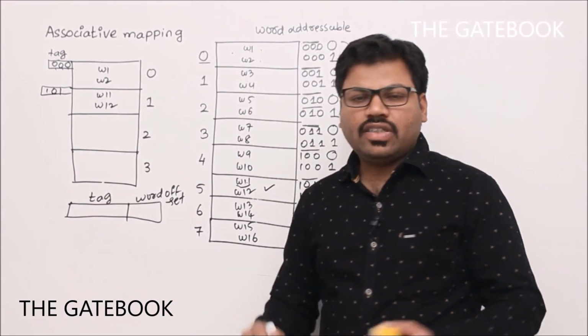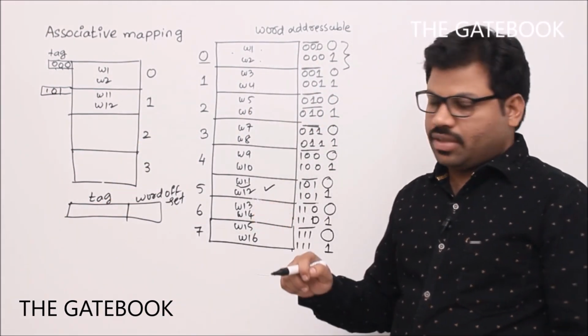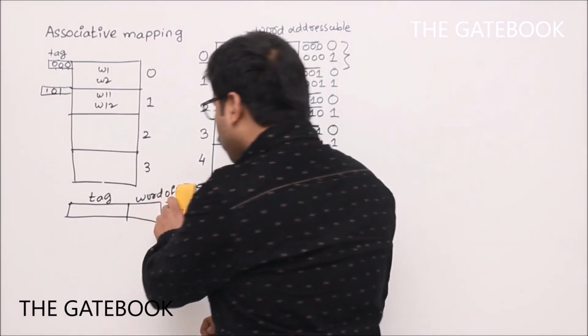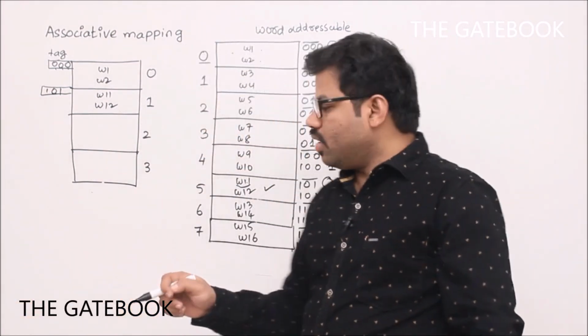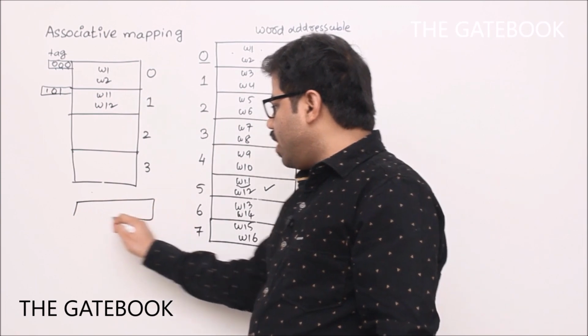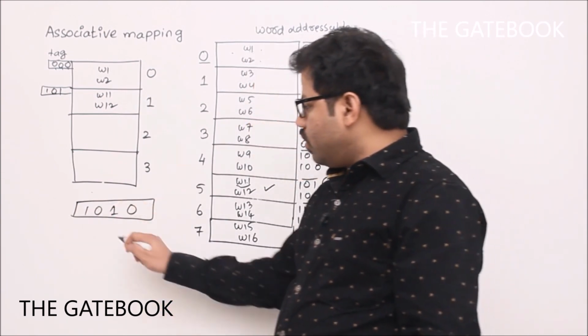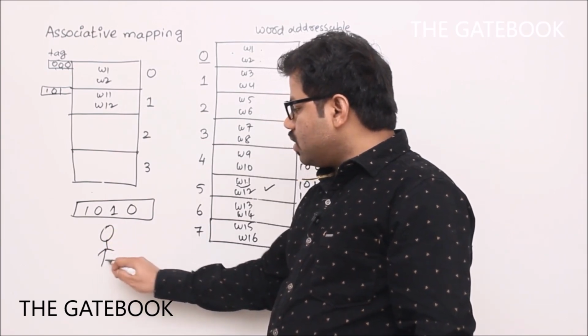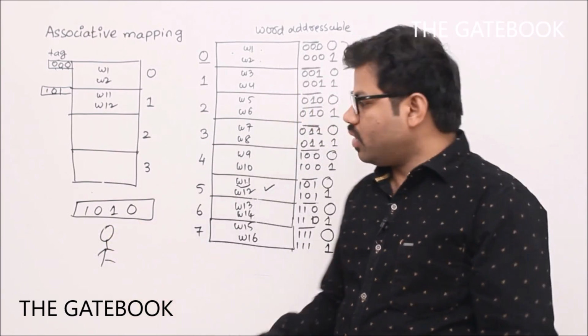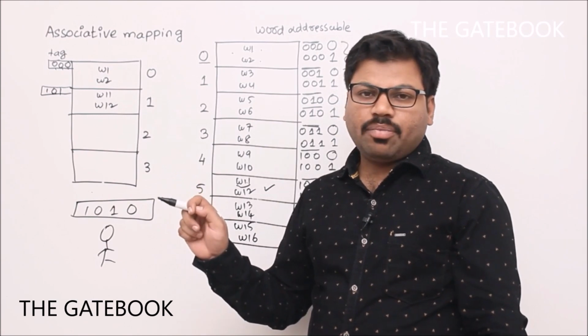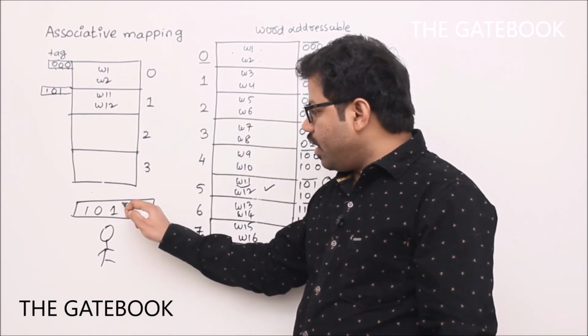Now let's say I am searching. How do I search, you see. Suddenly you thought of accessing the memory. Now this is your random memory address, 1010, 4 bits. Now this is your processor. How is the processor going to access the memory? First it will check the cache. In the direct mapping technique, we divided the address into 3 parts.